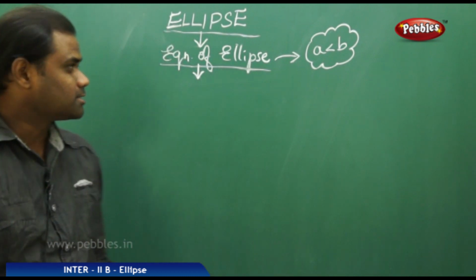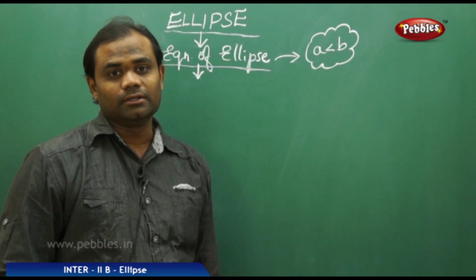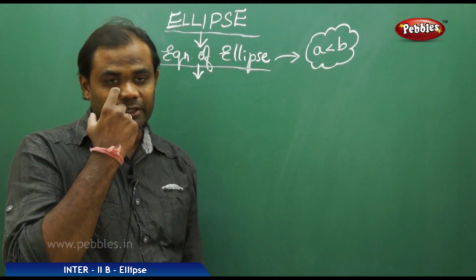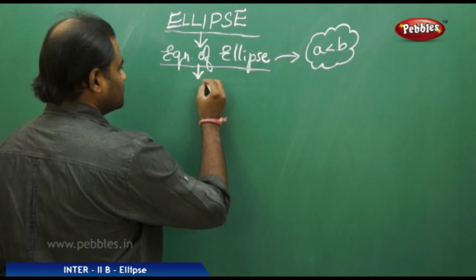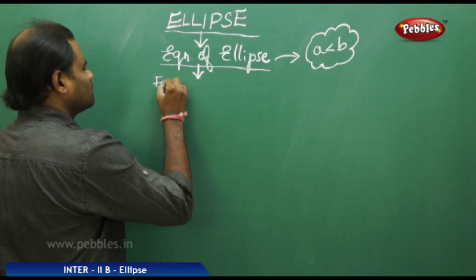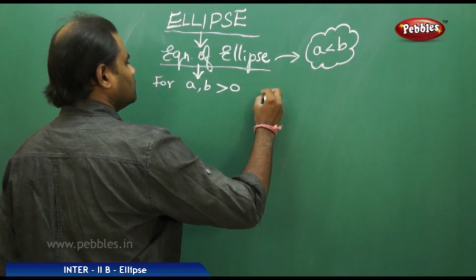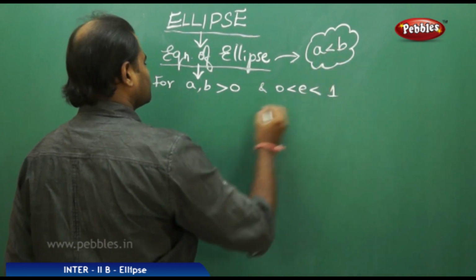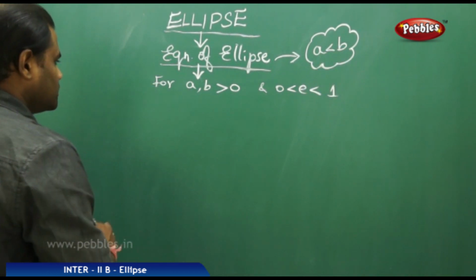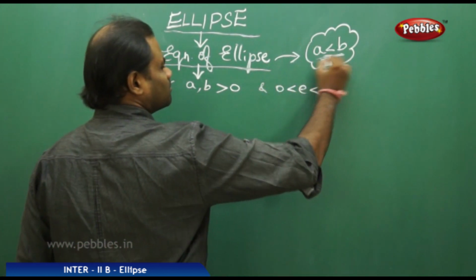Now let's see the case where a is less than b. In the previous case, a is greater than b, so the ellipse was having its major axis along the x-axis. So for a less than b, for ab greater than 0 and 0 less than e less than 1, let's take case 2 of a less than b.